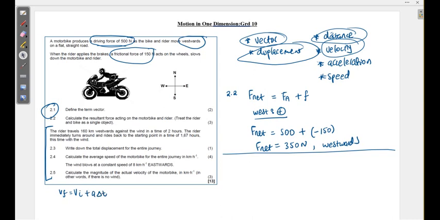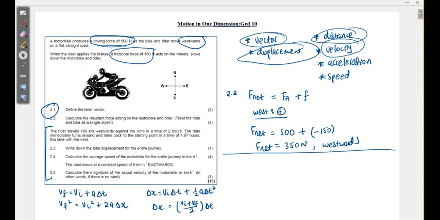Then we have Vf squared is equal to Vi squared plus 2a change in x. Then we have change in x is equal to Vi change in t plus half a change in t squared, and then change in x is equal to Vi plus Vf divided by 2 multiplied by change in time.